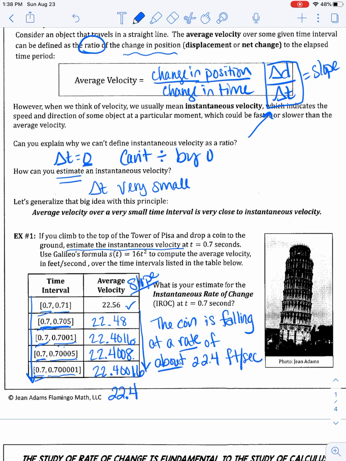We only found this approximation of an instantaneous rate of change for 0.7 seconds. So I have to state that. So the coin is falling at a rate of about 22.4 feet per second at t equals 0.7 seconds. So just be careful about your conclusion.